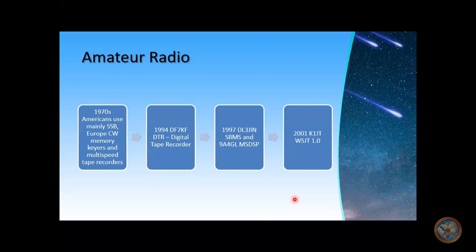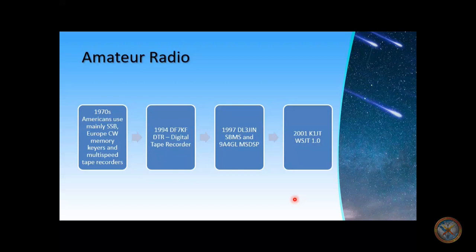Europe went a slightly different way, same procedures, but they were using CW, using high speed, as in 300, 400 characters per minute, and multi-speed tape recorders to record it and play it back slower.